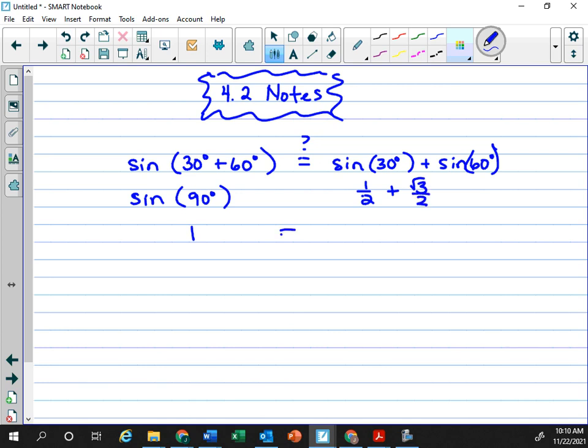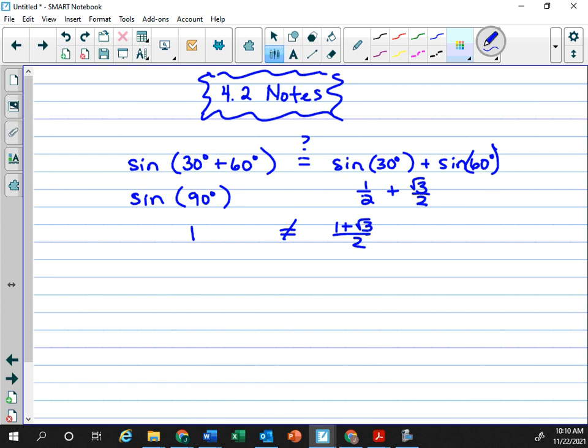What do you think? Does 1 equal 1 plus root 3 all over 2? No. Okay, so it's close, yeah. We can't just pick 2 random angles and add them together and think we can do the sine of each of those angles. It doesn't work that way. So we have what are called the sum and difference formulas.